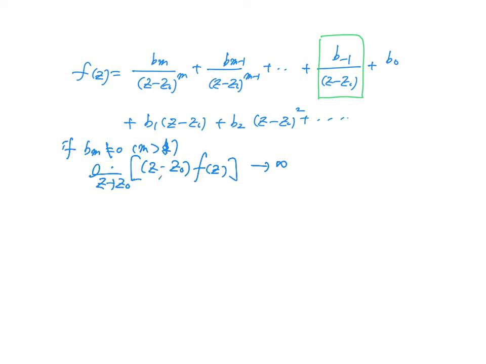And we can continue this, but with z minus z naught to the m minus 1 times f z, what happens?